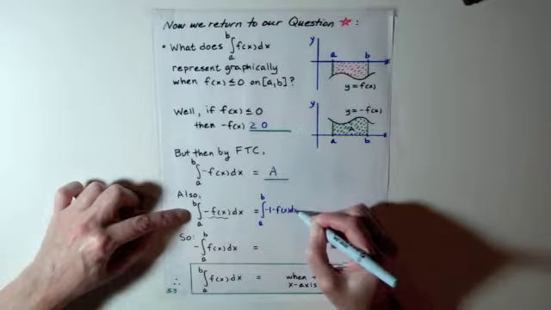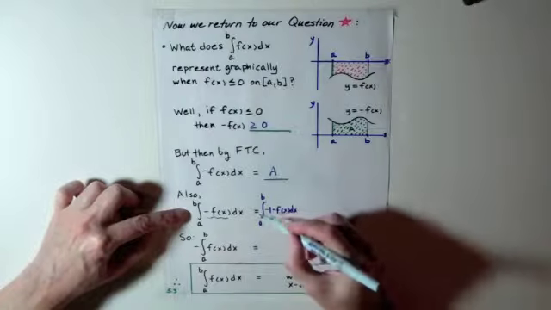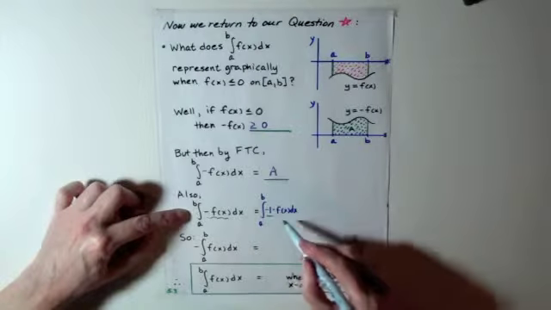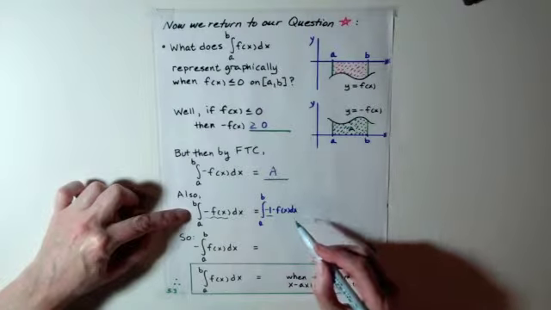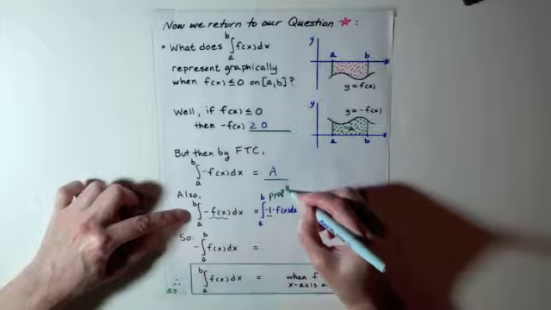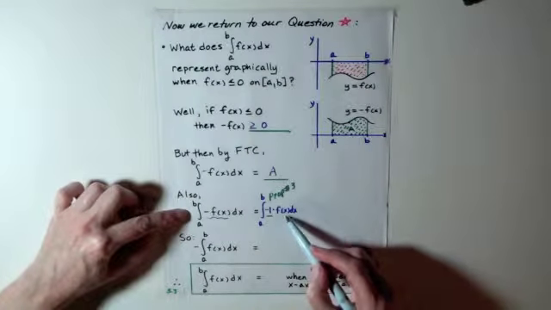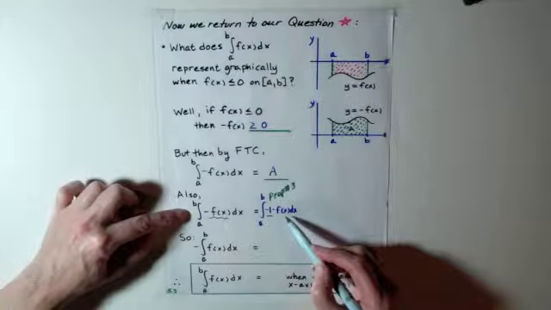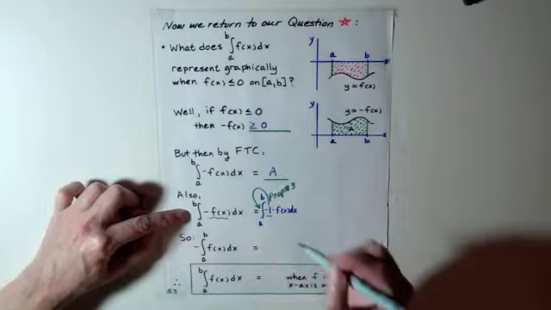I did that to emphasize the fact that we really have, lo and behold, a constant multiple multiplying f of x dx. And remember, we just proved a property, I believe it was property number 3, that said that if I have a constant multiple times f, I can pull that constant outside of the integral symbol.